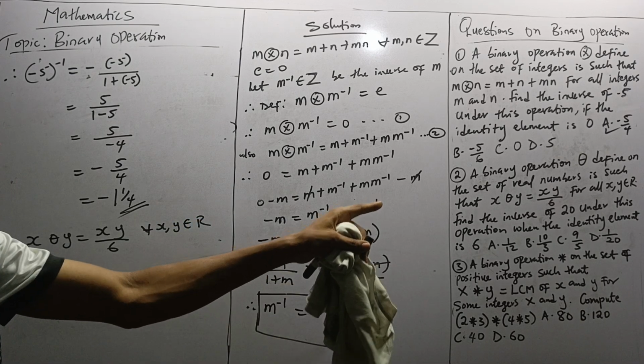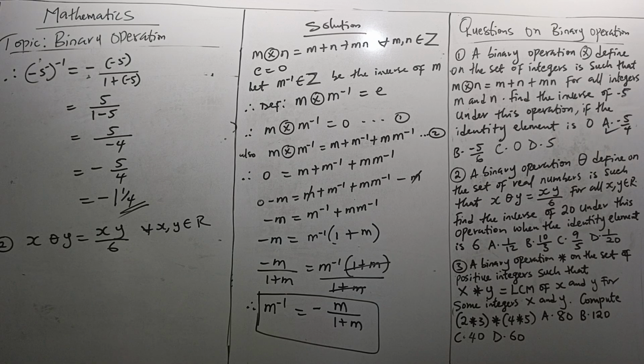They asked us to find the inverse of 20 under this operation when the identity element is 6. So they have given us e as 6.